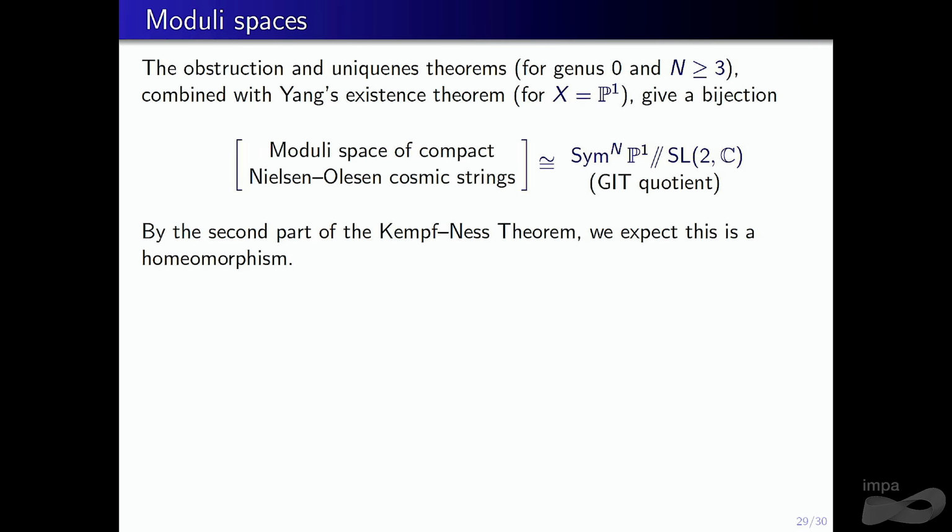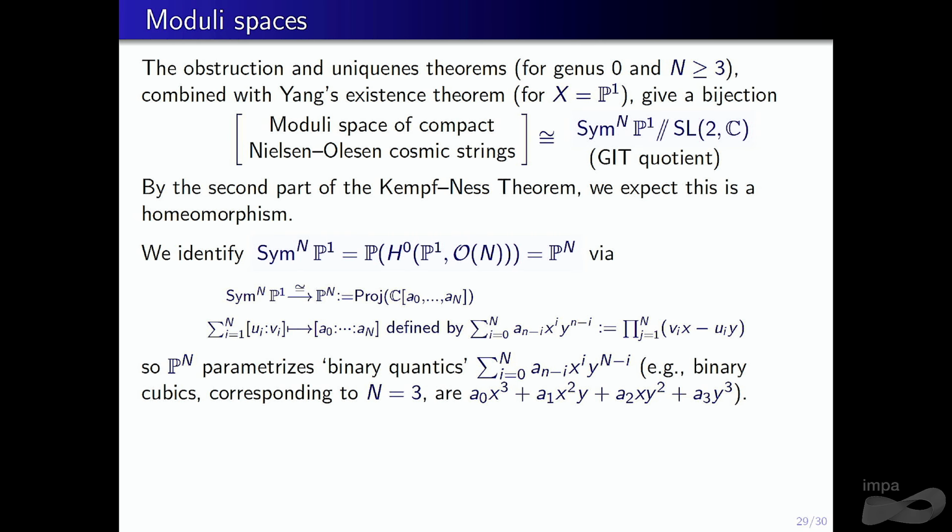Now, we can think a bit about this GIT quotient. This parameterizes binary forms, which used to be called binary quantics. The nth symmetric power of P1 is Pn, where Pn is parameterizing this kind of polynomials.